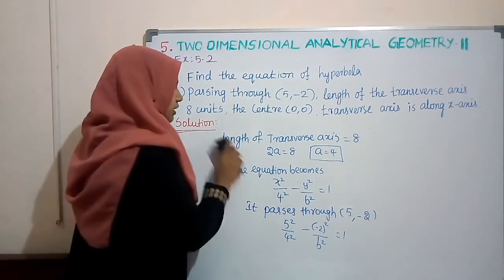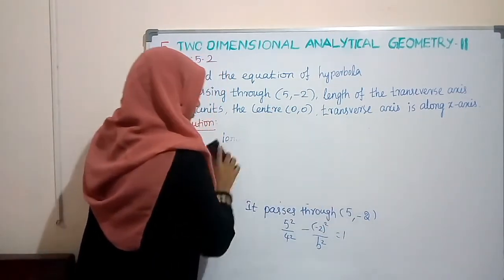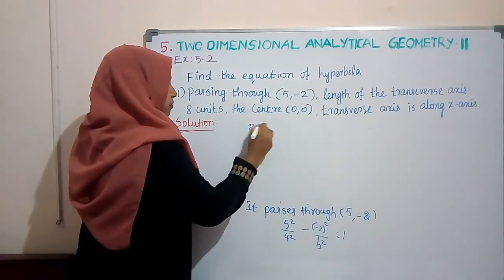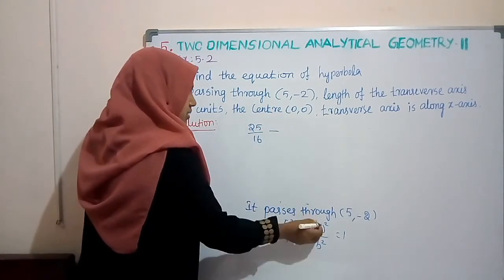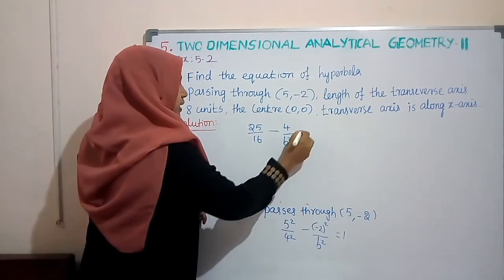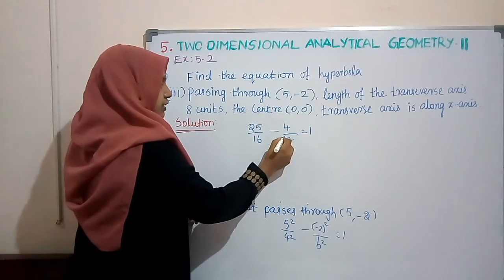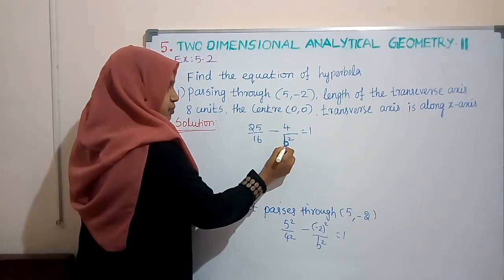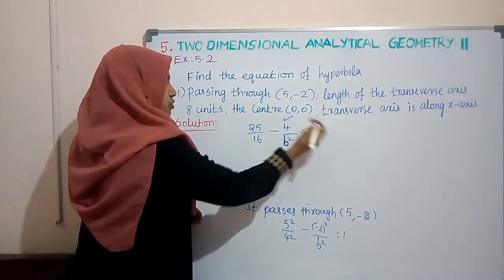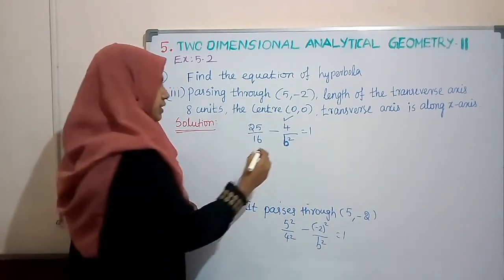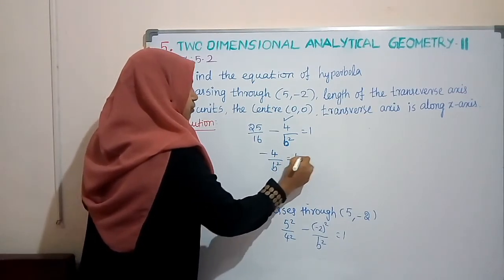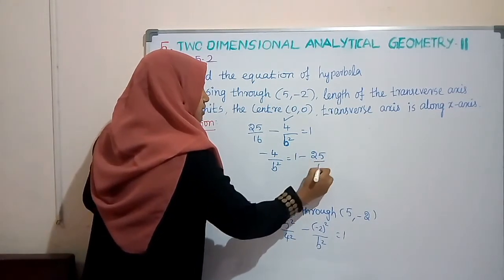So I am writing here 5 square by 4 square, that is 25 by 16, minus 2 square is 4, divided by b square is equal to 1. We are going to find this b square. So keep this term on the left side and take this 25 by 16 to the right side. So it is minus 4 by b square is equal to 1 minus 25 by 16.